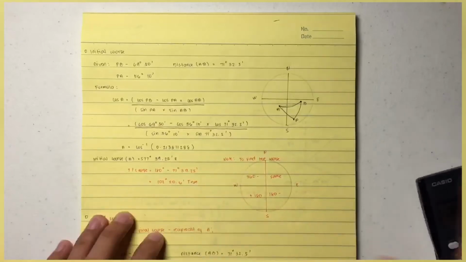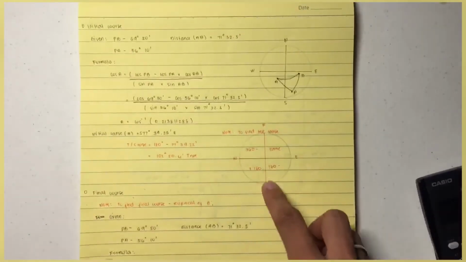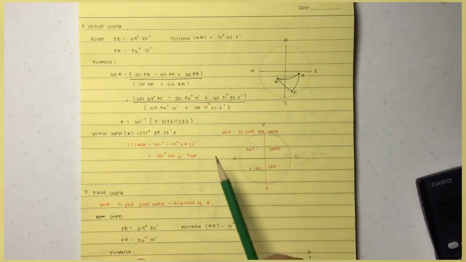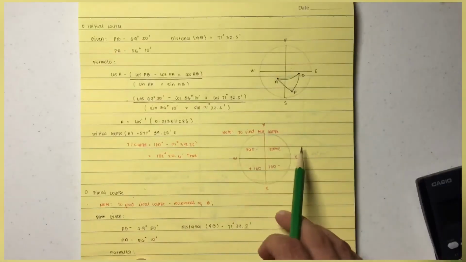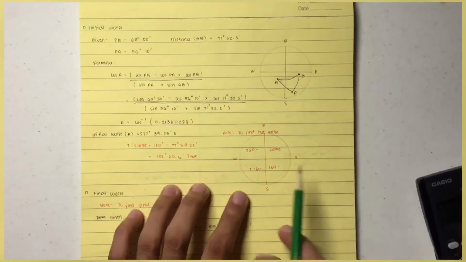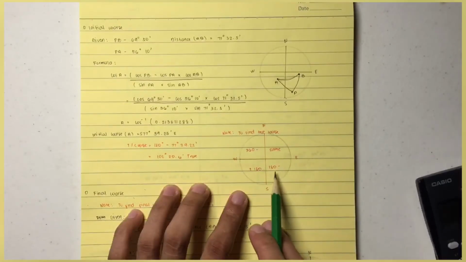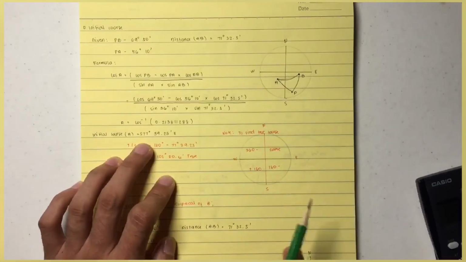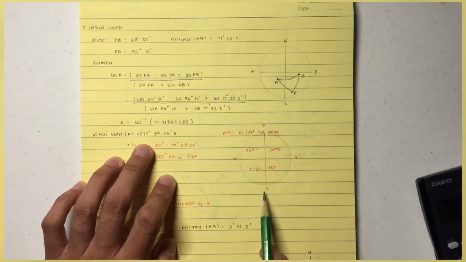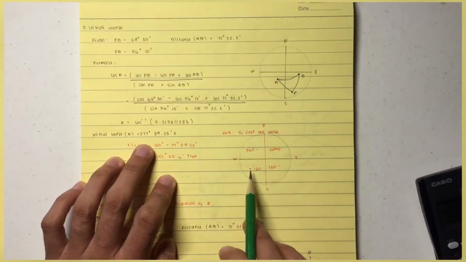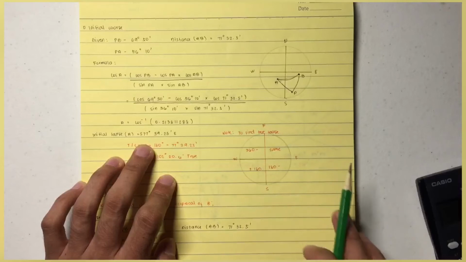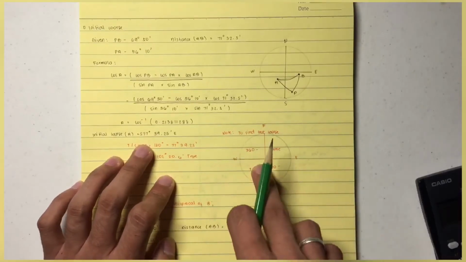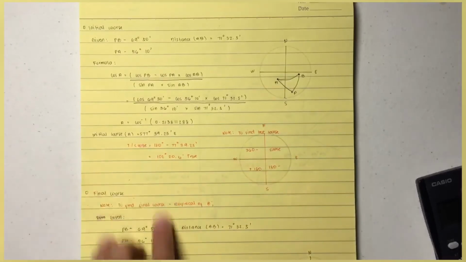Note, to find the true course, I have here a diagram: north, east, south, west. If in northeast, it will remain; if in southeast, the value of the course is subtracted from 180; if in southwest, the course will be added to 180; and if in northwest, the course will be subtracted from 360.